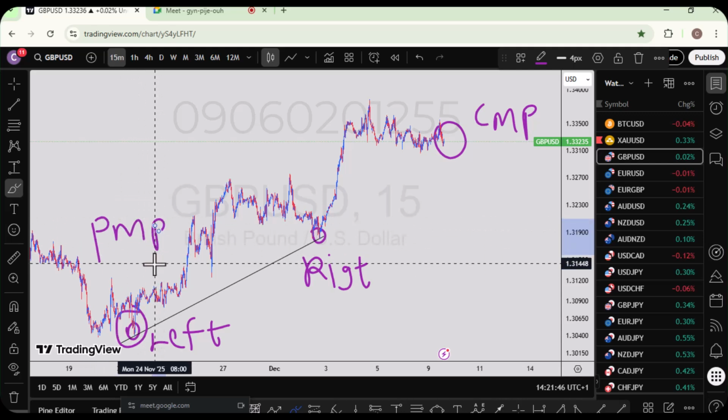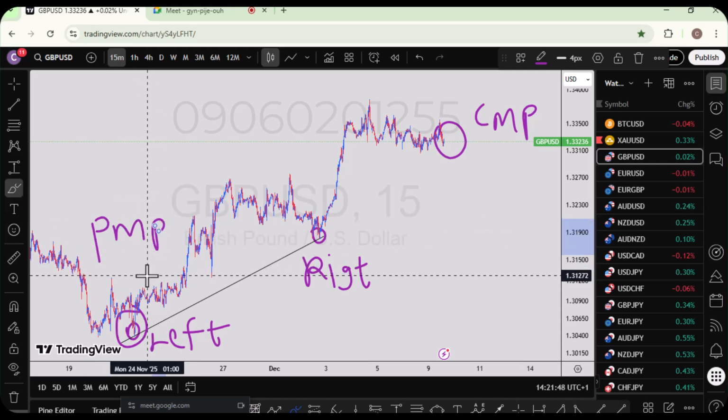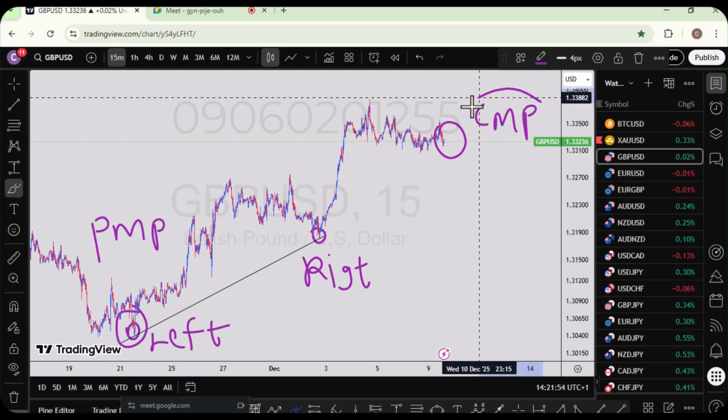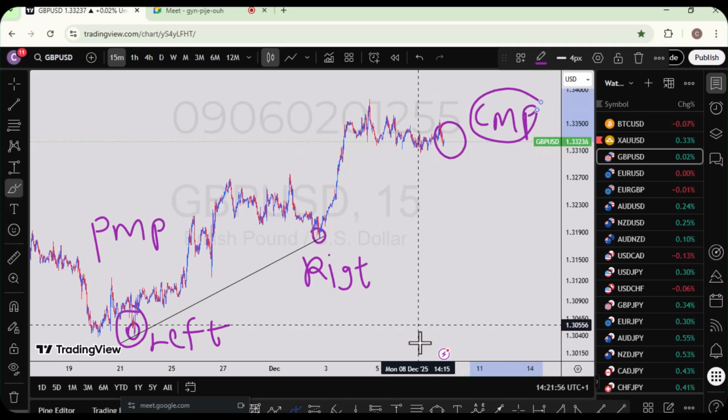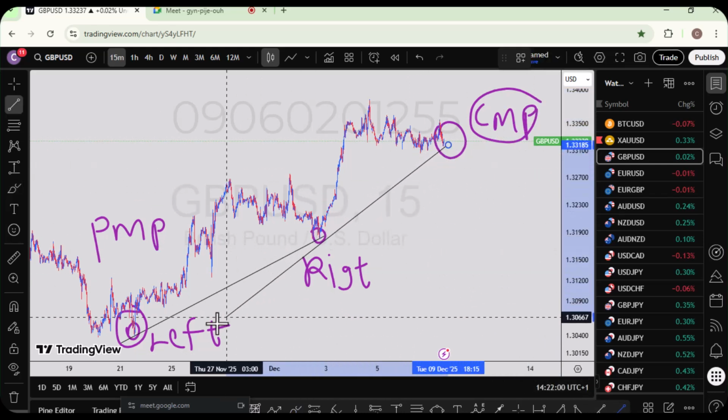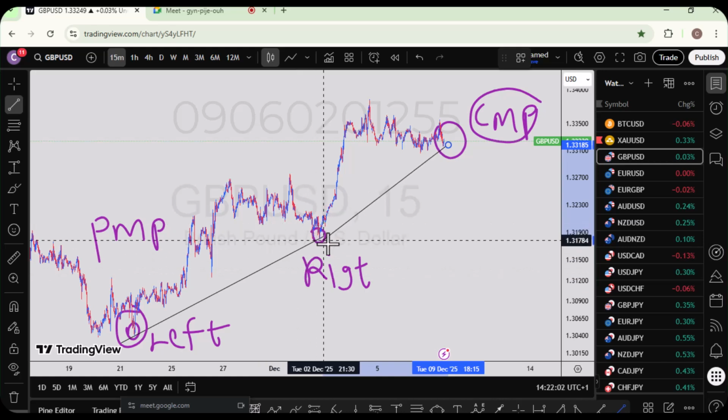You don't start from the PMP, past market price or previous market price. You start from the current market price. So you connect your trend line from the current market price all the way back to past or previous market price.